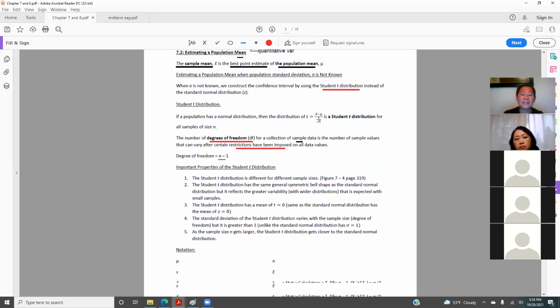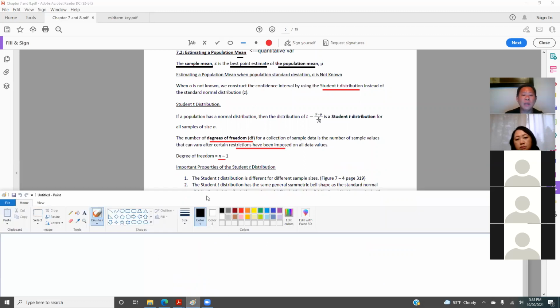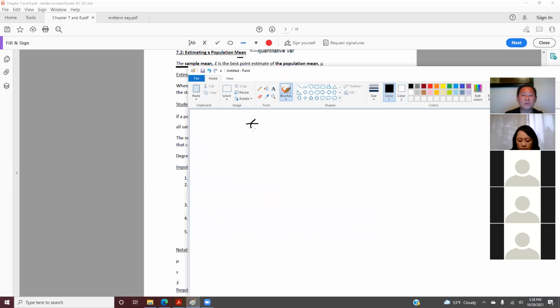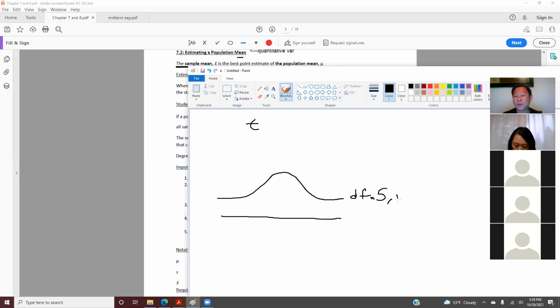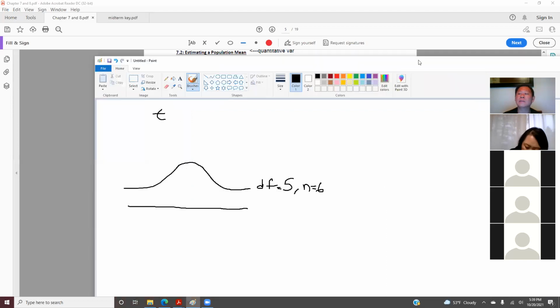Okay. What does a t distribution look like? I will draw it out for you. A t distribution looks like a normal distribution, but it depends on the degrees of freedom. If your degrees of freedom is small, let's say 5, that means you only have 6 students, so n is 6.